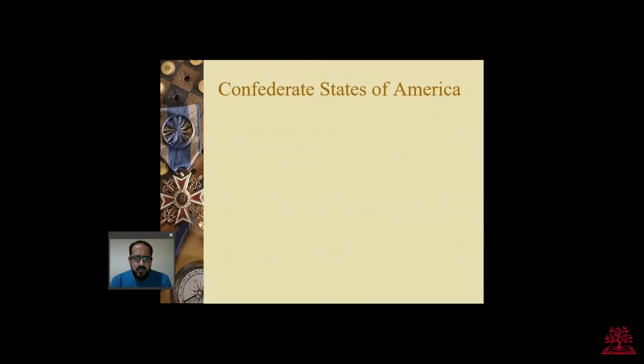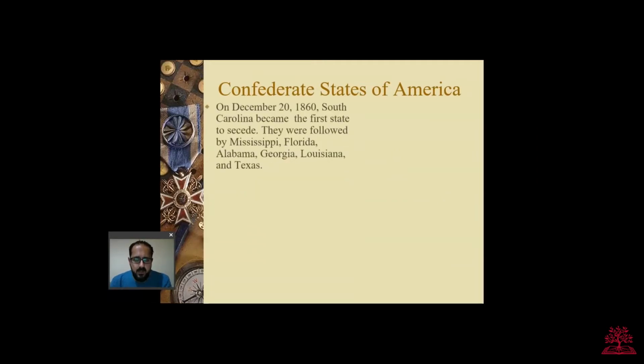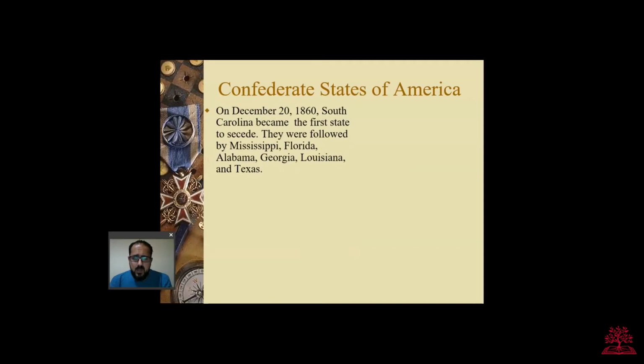Now, the Confederate States of America, CSA. The states that seceded formed another union, and they were called the Confederate States of America. On December 20th, 1860, South Carolina became the first state to secede.